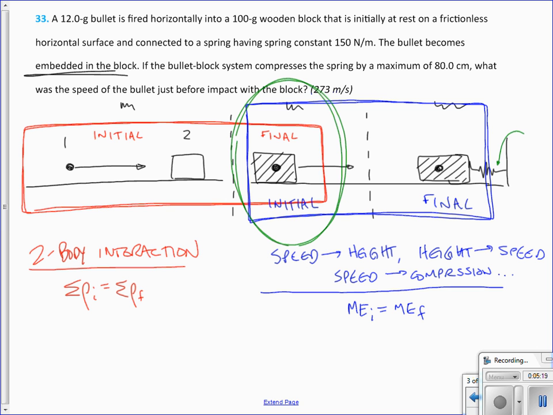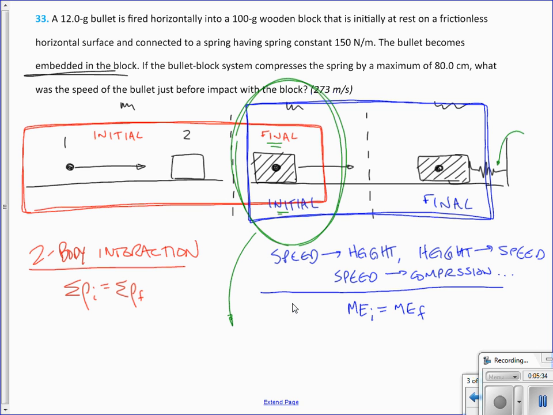Fair enough? All right, now the overlap part. The thing here is that we're calling it both a final and an initial.